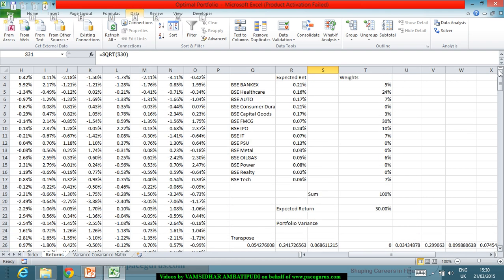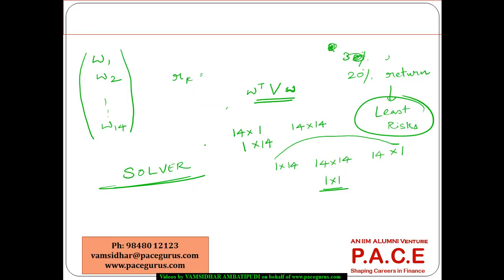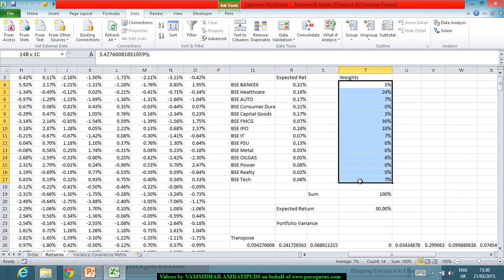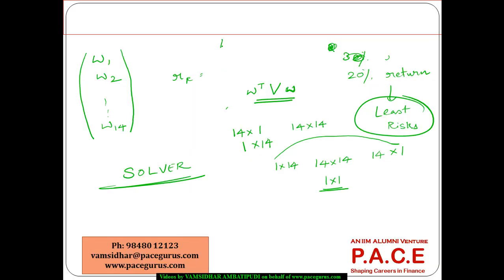Now, these are only the situations where all these values are positive, which means only buy positions, buy and hold positions. But apart from buy and hold, I can even think of shorting wherever possible.